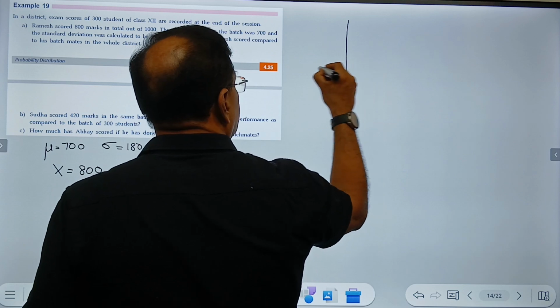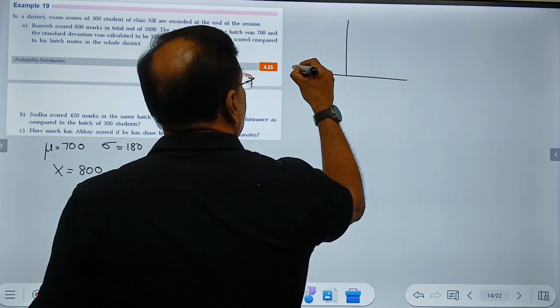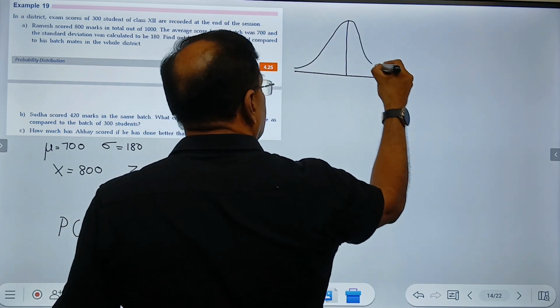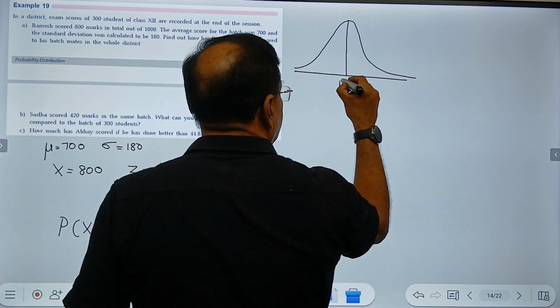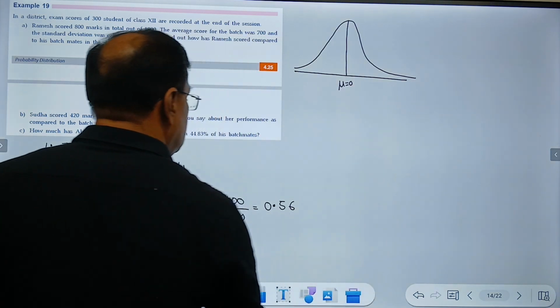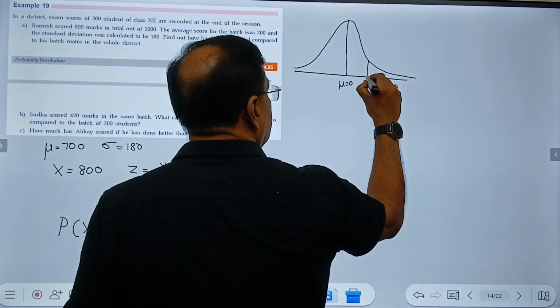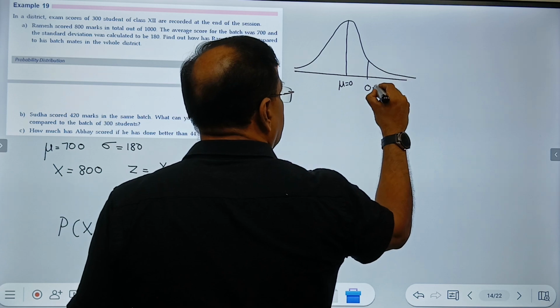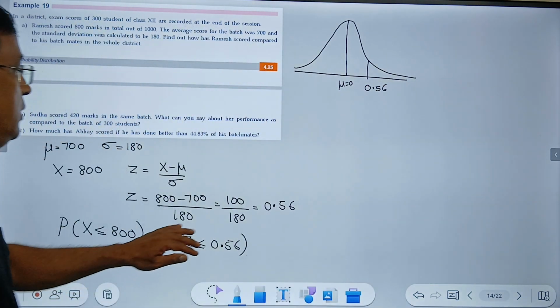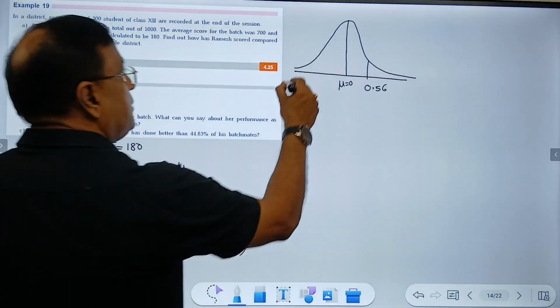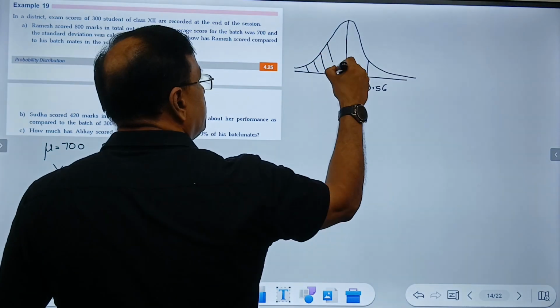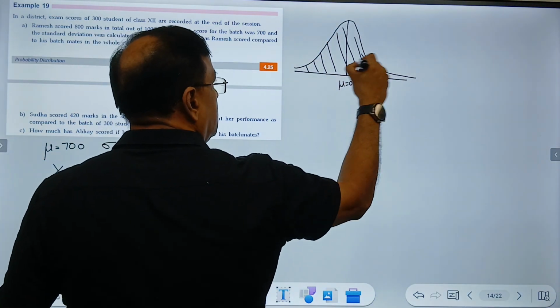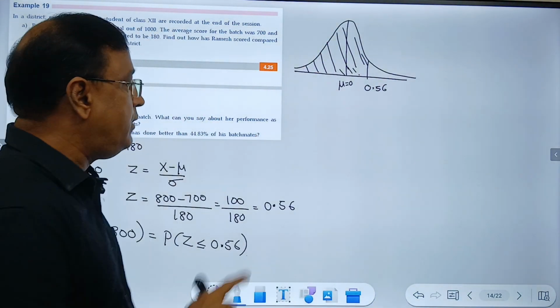This is the normal distribution table. This is where my mu is 0. So 0.56 will be somewhere here. When you want Z less than 0.56, that means I want to find the area of this region. Correct?